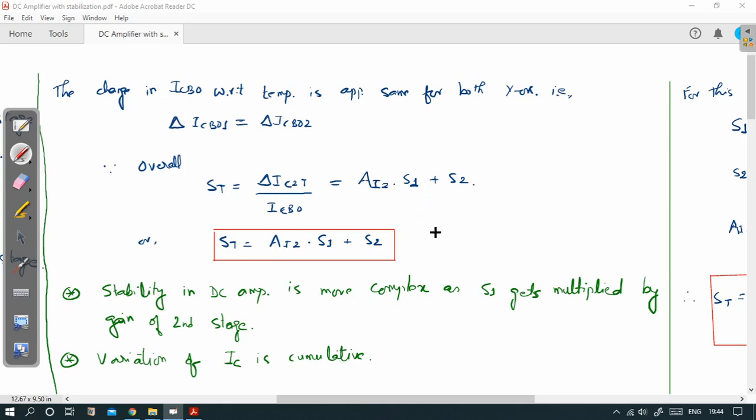So finally we can write ST, the overall stability factor, as AI2, the amplification factor of the second stage, into S1 plus S2. This is again similar to the earlier equation.